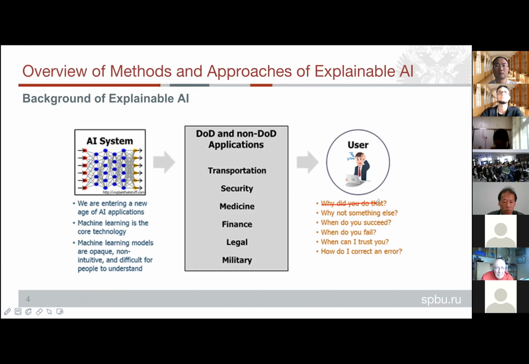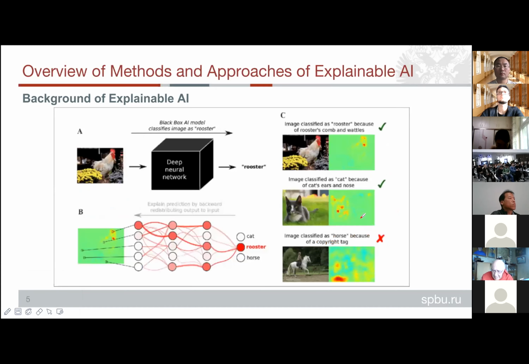For example, why did you do that? And why not something else? And so on. Actually, as shown in part A of the picture, the black box nature of these systems allows powerful prediction, but the result cannot be directly explained. This issue has triggered a new discussion in explainable AI.